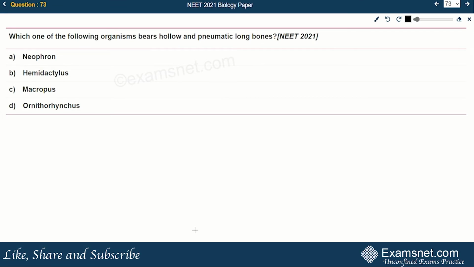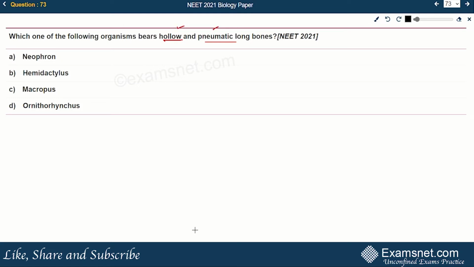Now come to question number 73, and it is from the chapter Animal Kingdom, class 11. Question is, which one of the following organisms bears hollow and pneumatic long bones? So it is very simple question. You just have to know which class of organisms have these characteristics of hollow and pneumatic long bones.